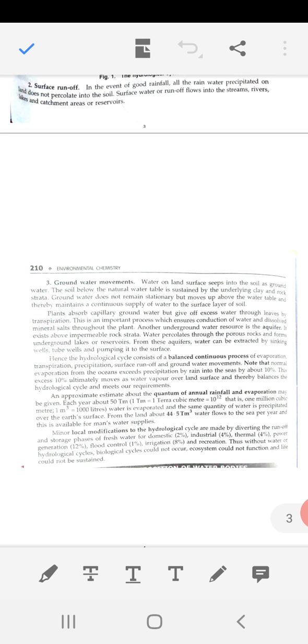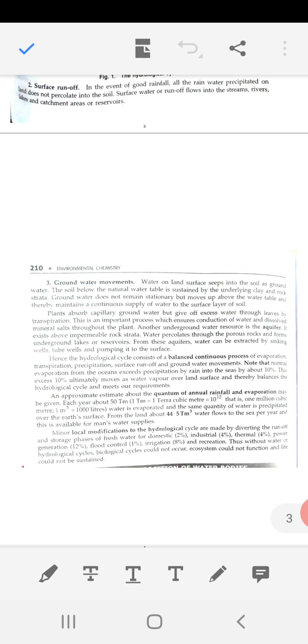Plants absorb capillary groundwater but give off excess water through leaves by transpiration. This is an important process which ensures conduction of water and dissolved mineral salts throughout the plant.